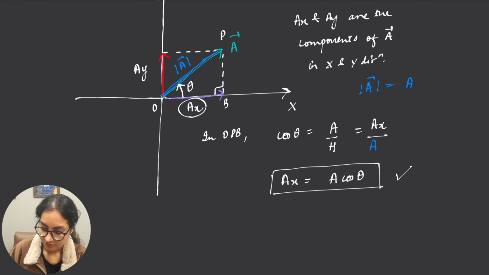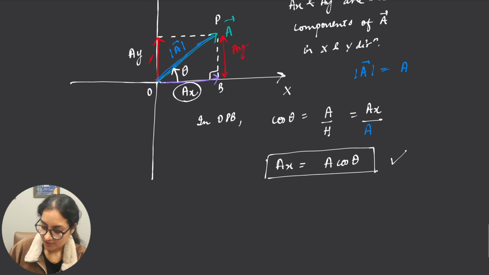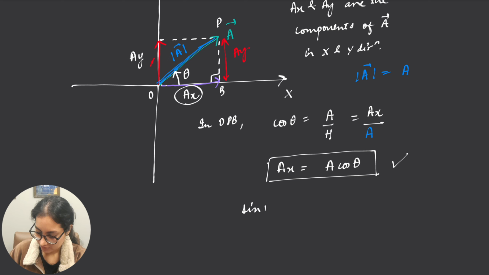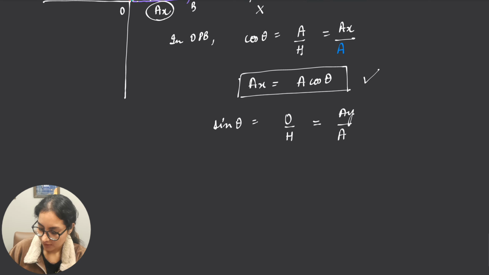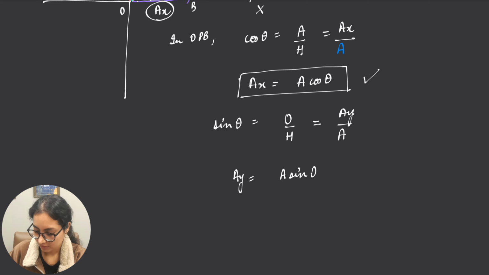Similarly, in the same triangle, this is Ay, the same length. So if I write sine theta, that would be opposite over hypotenuse, and the opposite is Ay, the hypotenuse is A. From here I can find Ay is A sine theta.